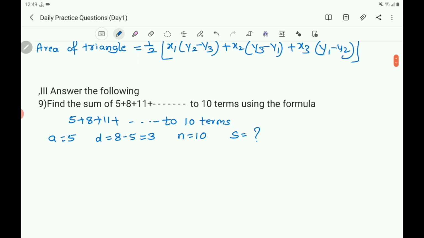Then you write the formula for S. S equals, what is that formula? S equals N by 2 into 2A plus N minus 1 into D. Then N is 10. 10 by 2 into 2 into A, A is 5, right?